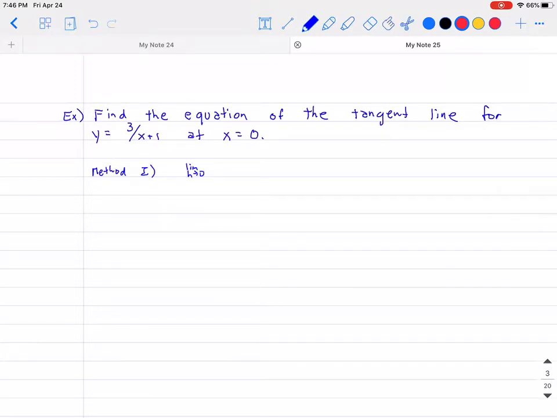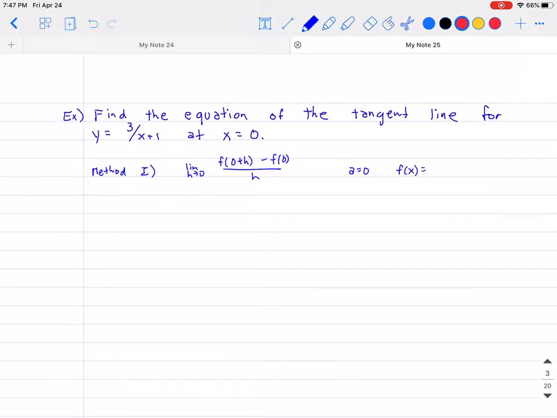Okay. So for method number 1, we have the limit as h approaches 0 of f of 0 plus h minus f of 0, all divided by h. Note that a is equal to 0 because that's where the point of tangency is.